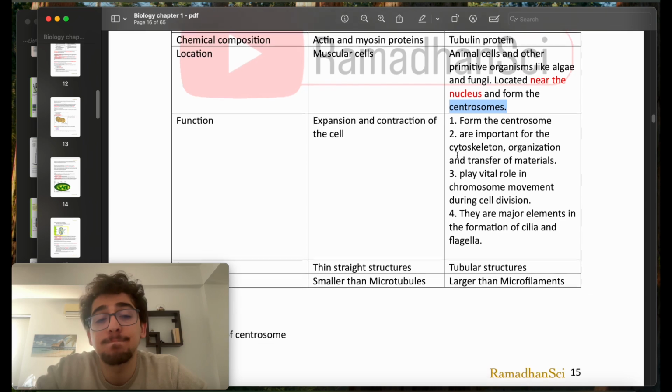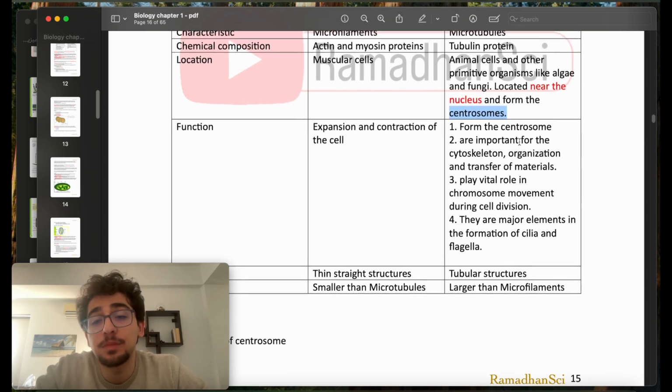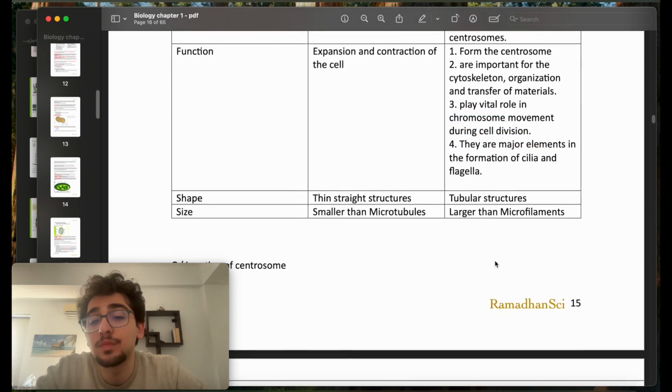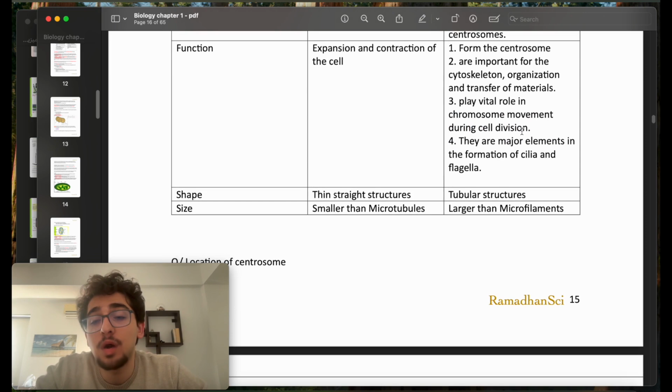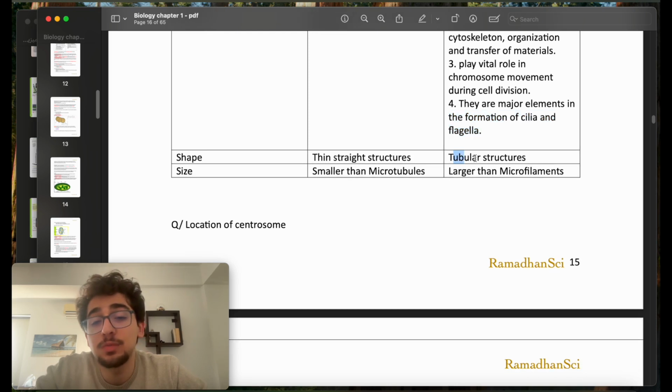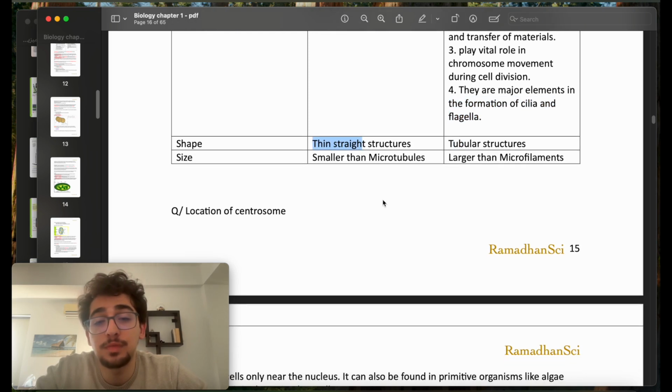Okay? The function here, form the centrosome, important for the cytoskeleton, organization and transfer of materials, and chromosome movements in cell division. They also are a major element in the formation of cilia and flagella. The shape is tubular, and this is just straight, thin.